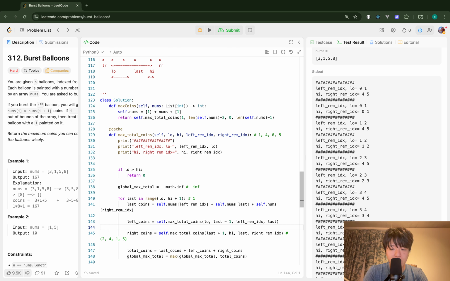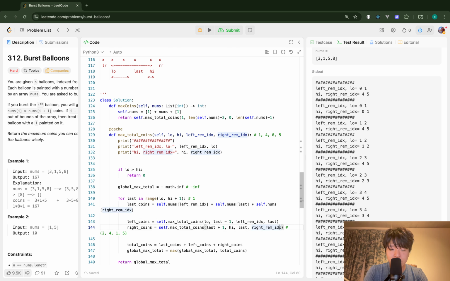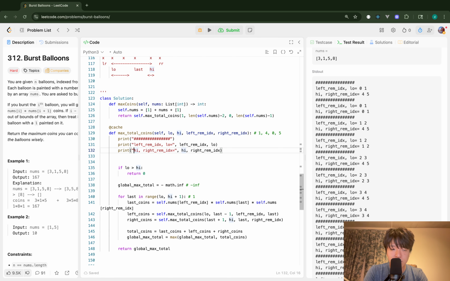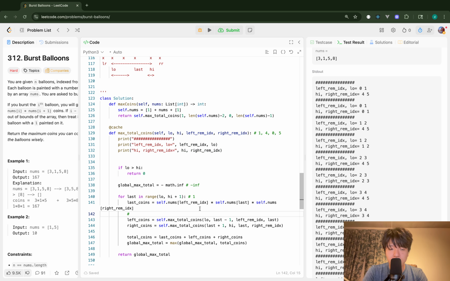let me clean up. Here, right remaining index is equal to high plus 1.